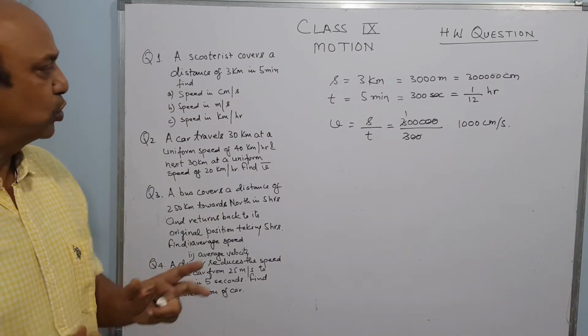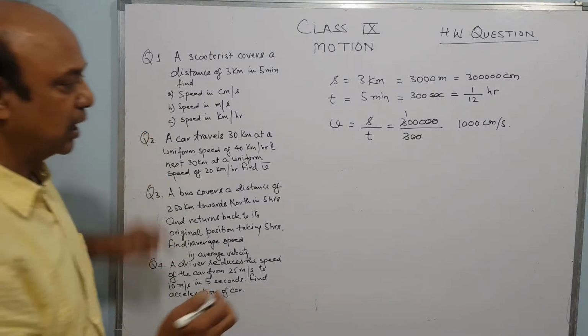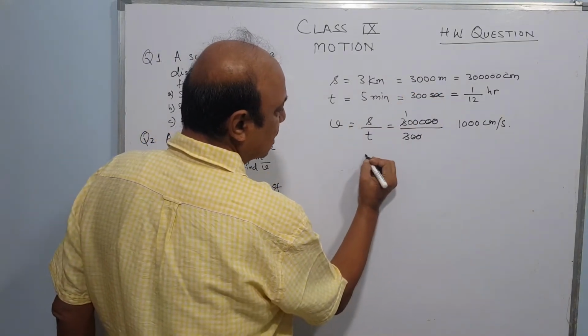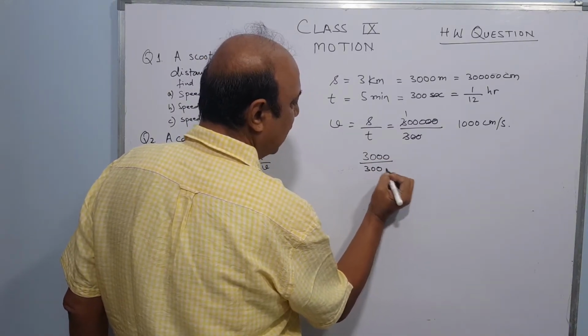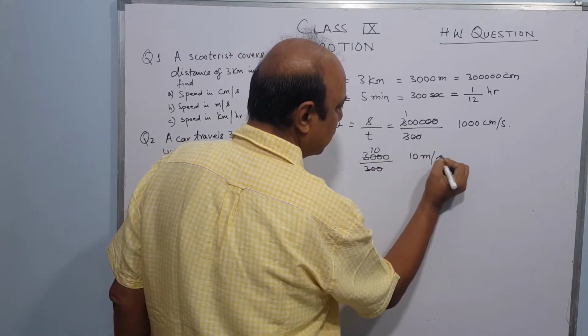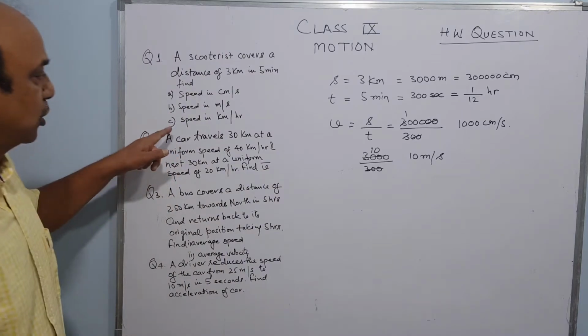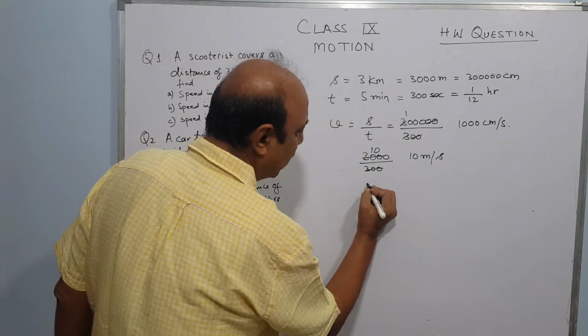I'll tell you what are the rules to be followed. Let us solve this question first. Speed in meters per second. Now meters is 3000. Seconds is 300 again. When we solve it, it becomes 10 meters per second. Speed in kilometers per hour. Now how much kilometer? 3 kilometer.